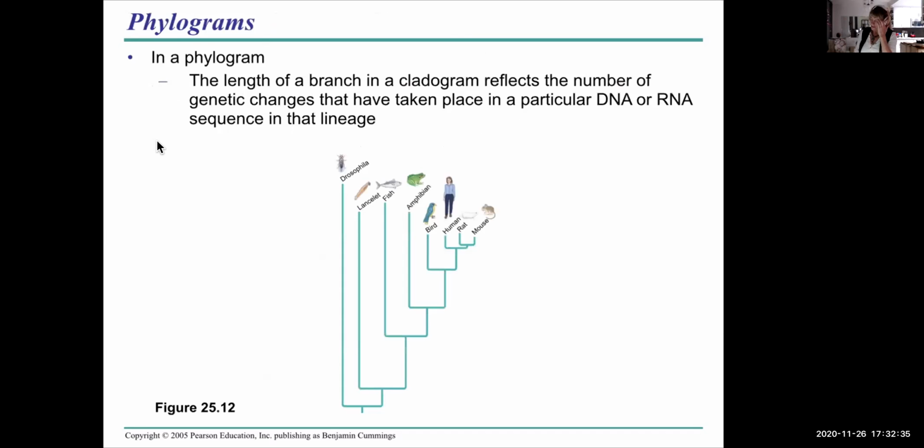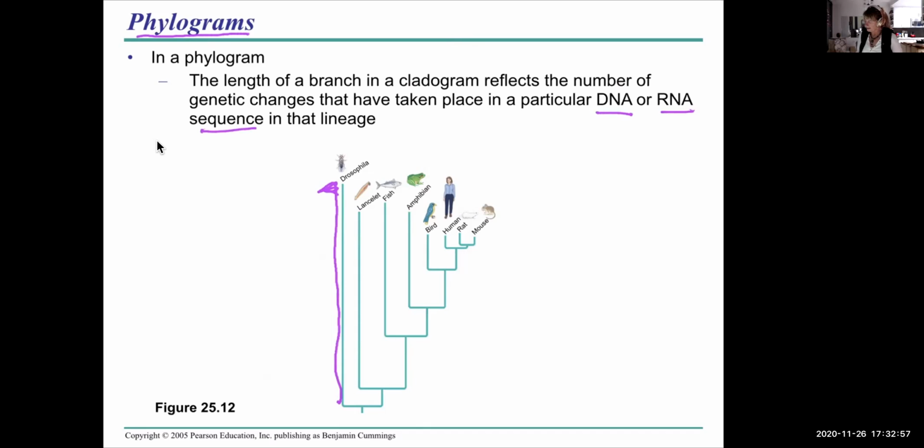Well, we can use DNA. So this is a phylogram. And what the lengths reflect here are genetic changes that have taken place in very particular DNA or RNA sequence in that lineage.